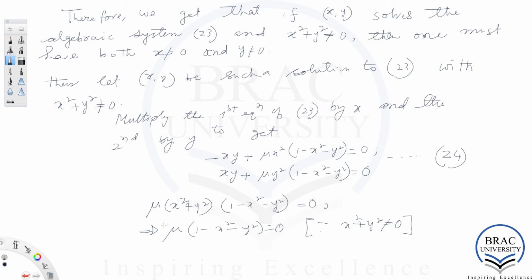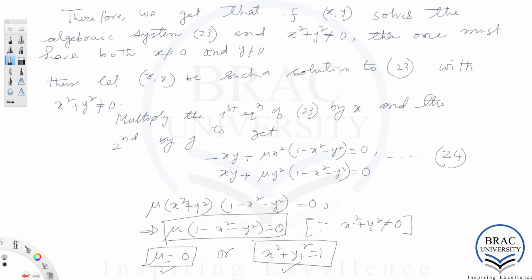So if we want to satisfy it, there are two possibilities. Either mu is equal to 0 or x square plus y square is equal to 1. Let us study these two situations separately.